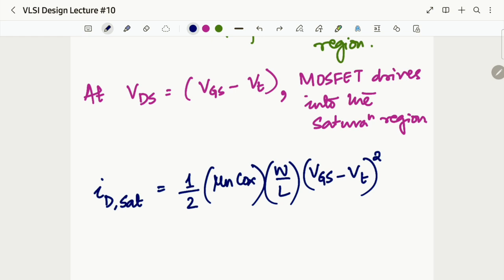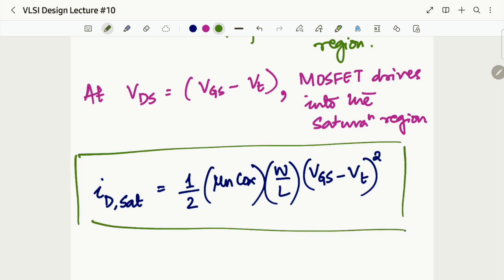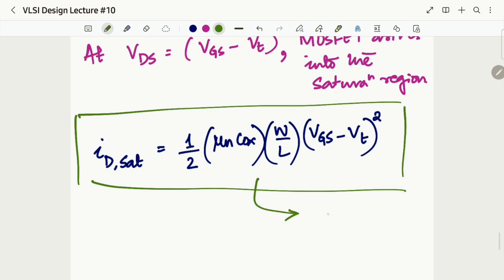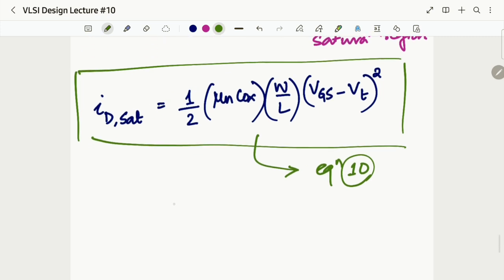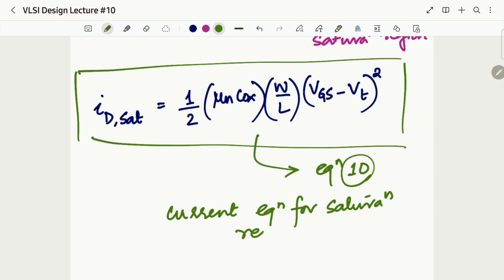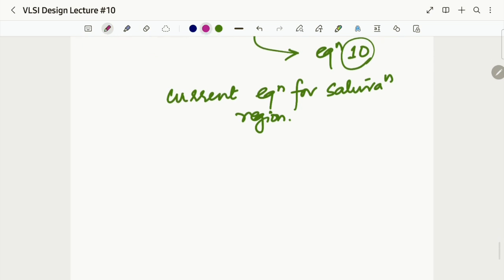So this forms our equation number 10 and is the current equation for saturation region.